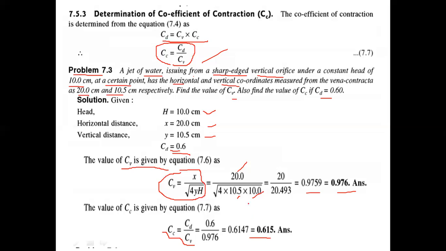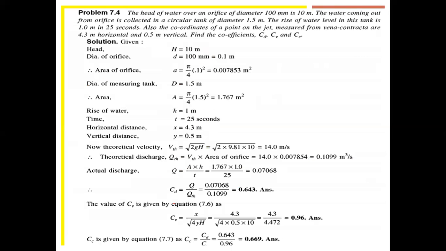Understood. So we'll do the second problem. The head of water over an orifice of diameter 100 mm is 10 meters. The water coming out from the orifice is collected in a circular tank of diameter 1.5 meters.